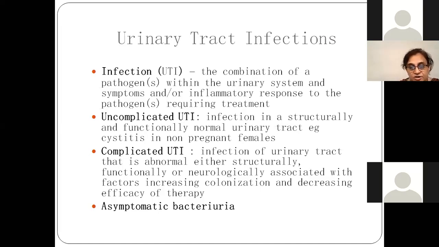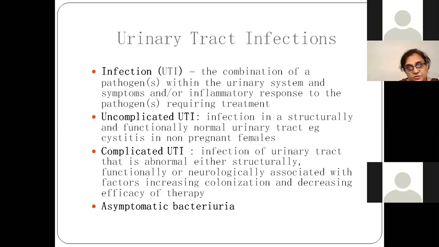Neurologically, the person can be paralyzed. Usually in a paraplegic patient there's stasis in the bladder, and the urine is a very good culture medium, so this condition predisposes to infection also.